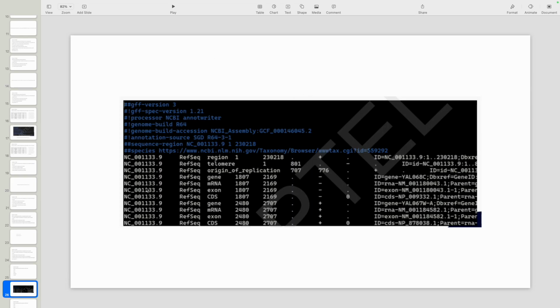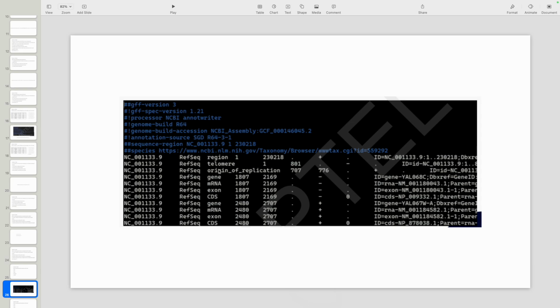So this is an example of a .gff file. It is a gene annotation file which has the information about the gene, the transcript mRNA, the exon, the CDS. It does not have the information for the protein. We can get the information of the protein from the gene, but this file does not have the protein sequence.